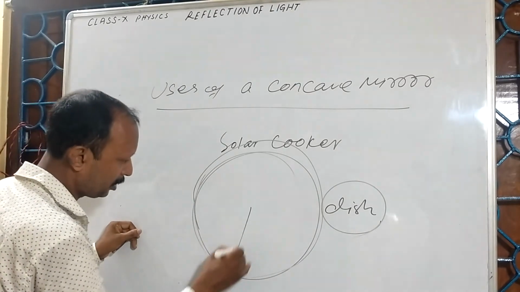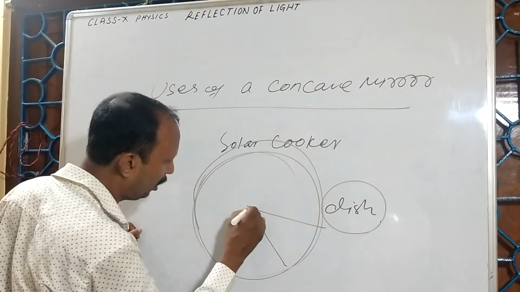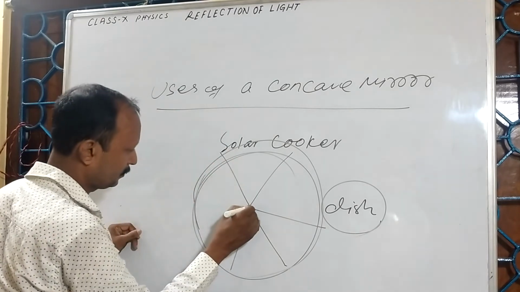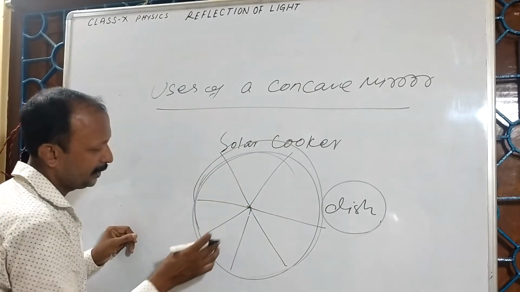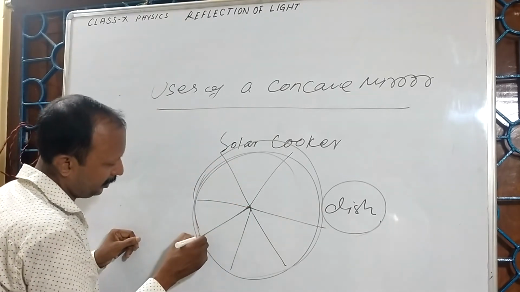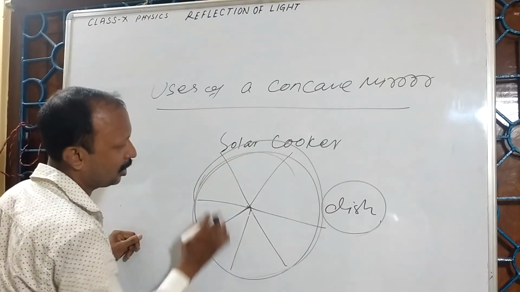But you have to cut that plane mirror in the shape of triangles. Its radius should match the circular disc.